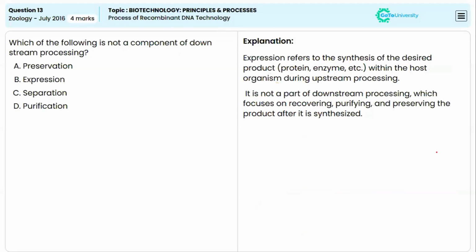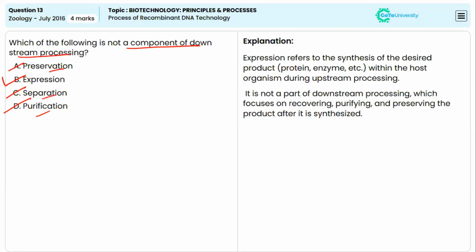Okay. Now, which of the following is not a component of downstream processing? That is a process that takes place in the bioreactor. Option A, preservation; expression; separation; purification. From this, we could select option B as the correct answer, because preservation, separation and purification are done as a mechanism in downstream processing.